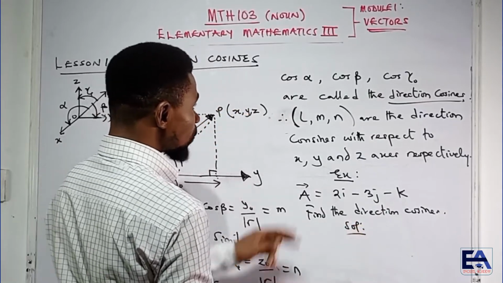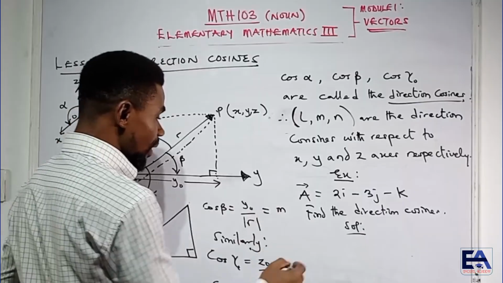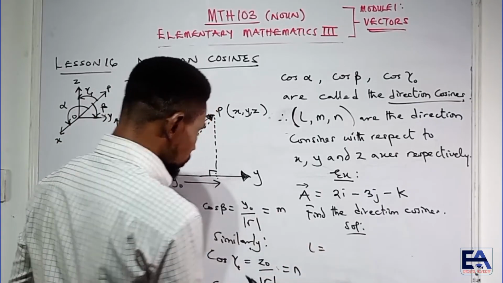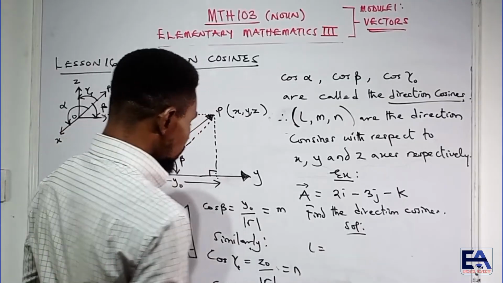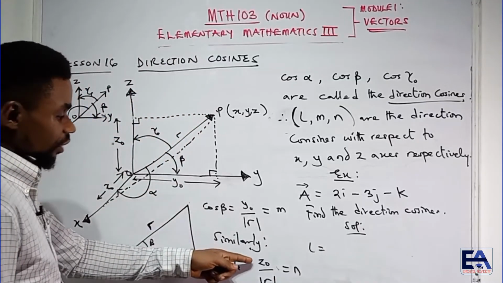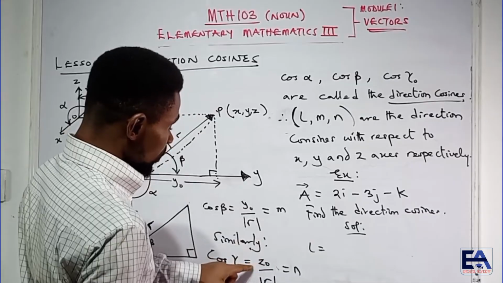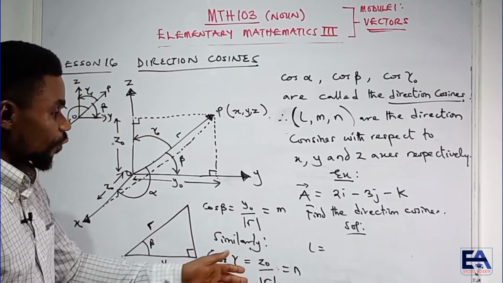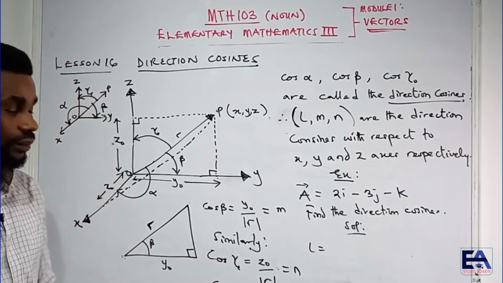The direction cosine with respect to the x-axis, which is represented by L, is going to be equal to, as this formula implies, the x component over r. Just as simple as that.